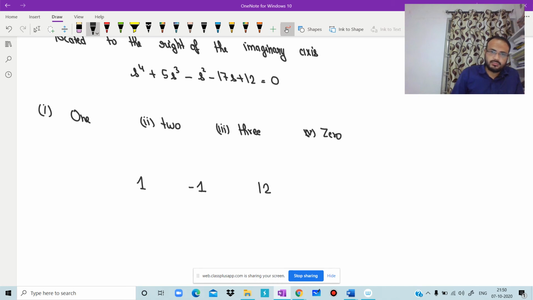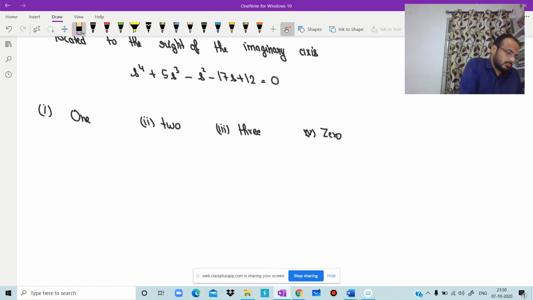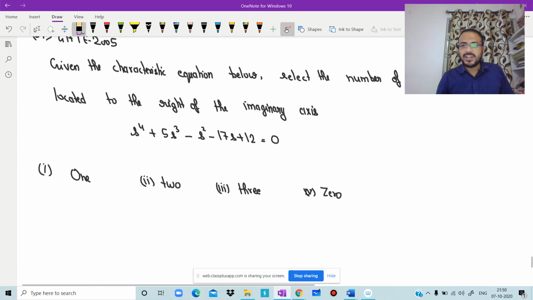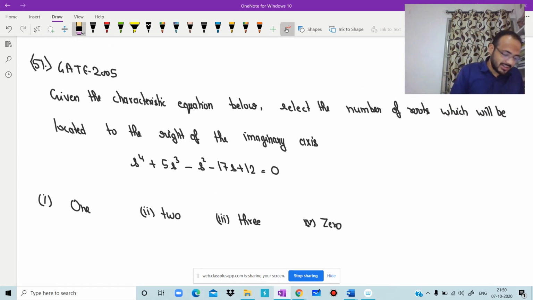Yes or no? Or you will solve it easily. Tell me honestly, how many of you solved it with the help of the algebraic equation? We all are intelligent.